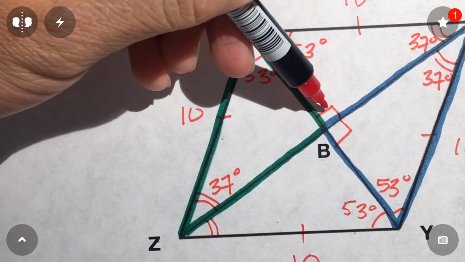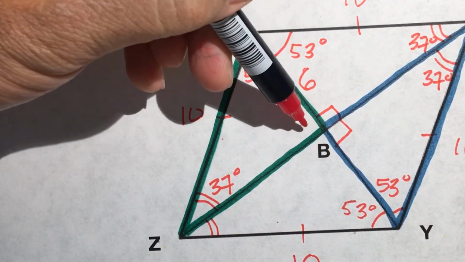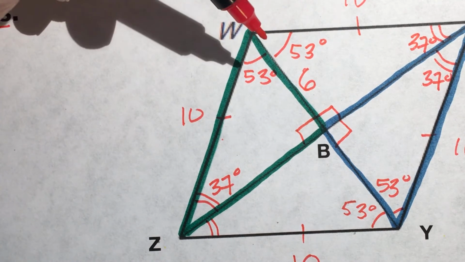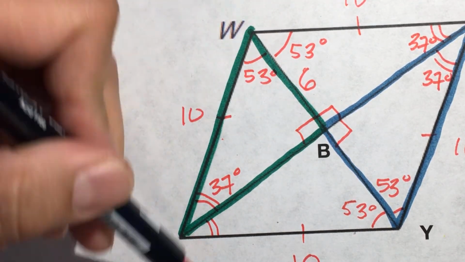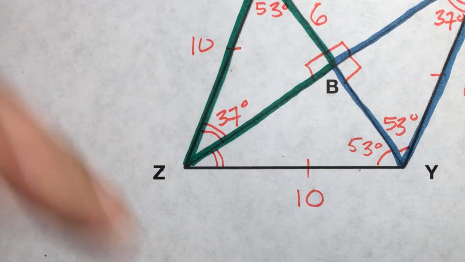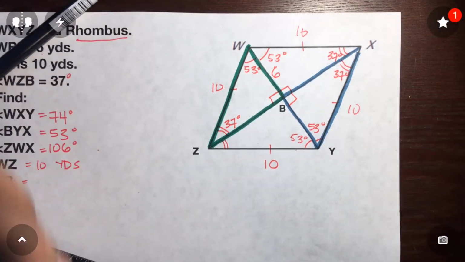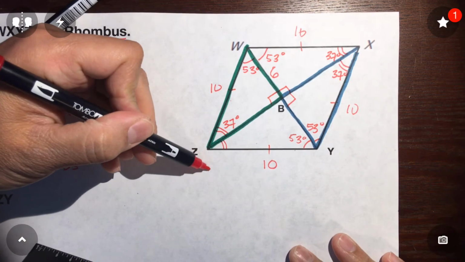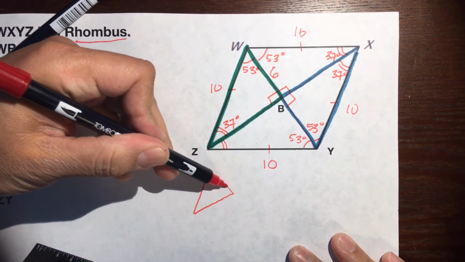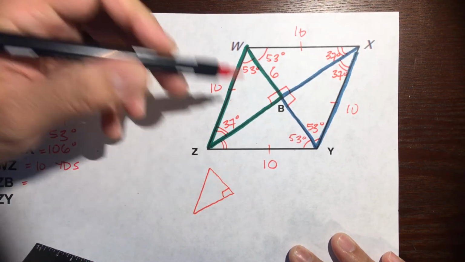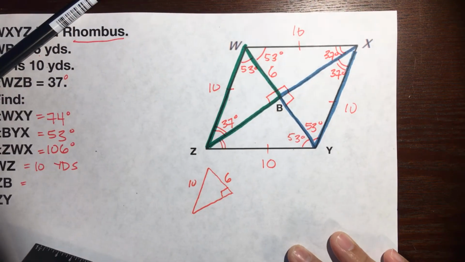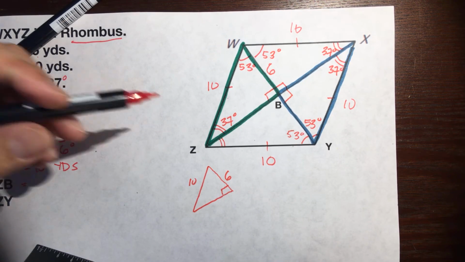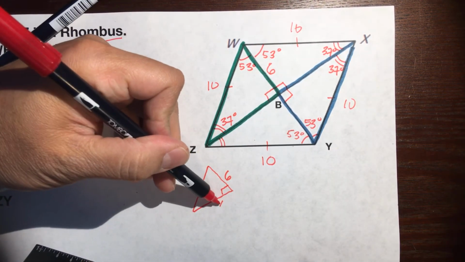Remember, these diagonals are perpendicular, so this is also a right angle. So this is a right triangle. I'll draw it out here so you can visualize it. This side is 6, this side is 10. It's a right triangle, and we're trying to find ZB. We're going to call it X.